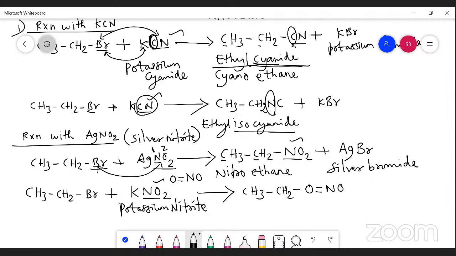That is also NO2, but here I have linked the oxygen atom. So based on that, the name also changed. This name is ethyl nitrite. N attached means nitro, O attached means nitrite. But the side product is the same kind.